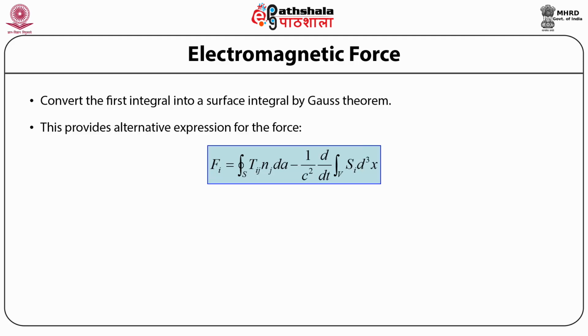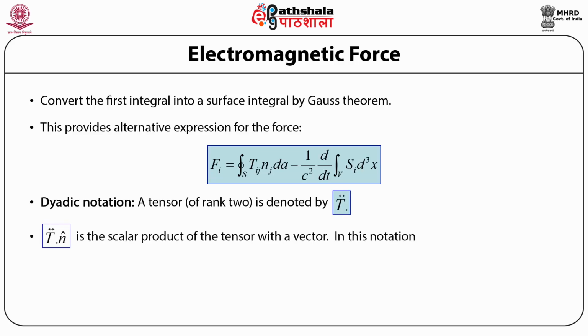Now let us rewrite this equation in the dyadic notation. So in this notation, a tensor of rank 2 is denoted by T double dot, with the dot product or the scalar product with the surface area unit vector n cap.